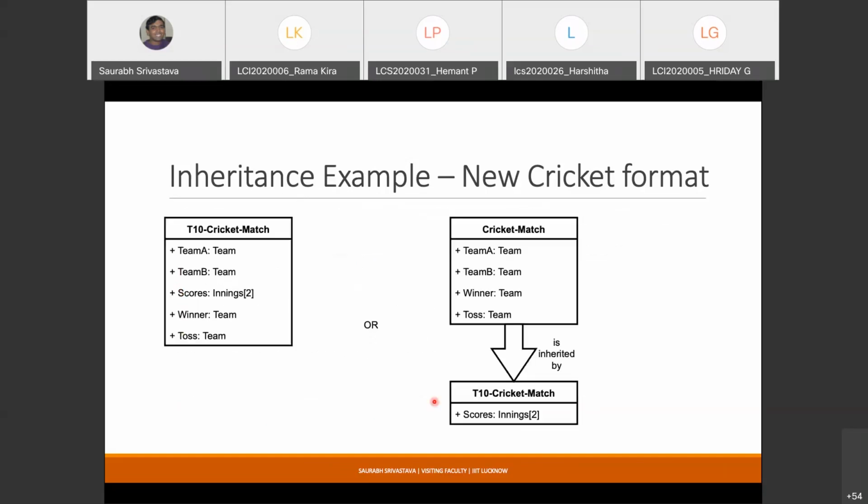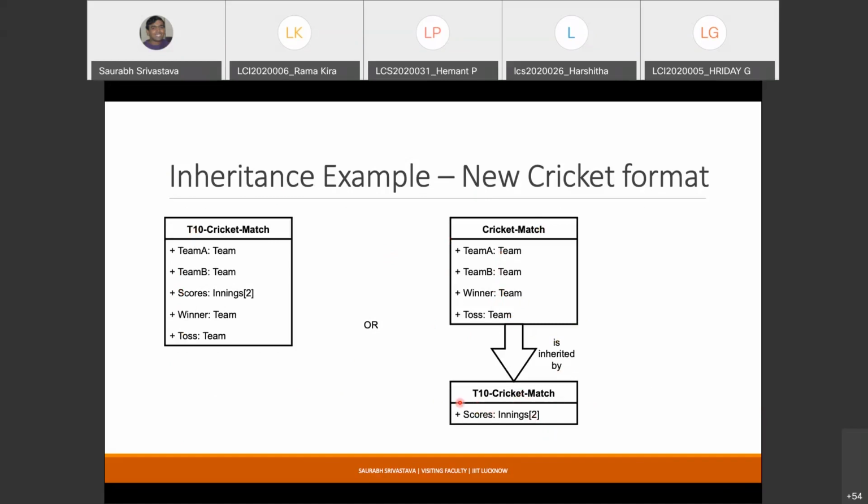So one way to create this same entity is by first creating an entity called cricket match, putting the common terms here, and then you inherit it and call it T10 cricket match, and you add the new property here.